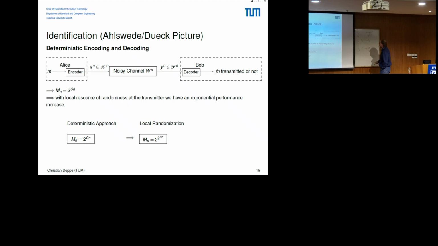The receiver who is interested in message i has the function Ti and receives the codeword transmitted in the first part. Then he looks at which color it is mapped to, and checks whether the color he received is the same. If it is the same, he decides that his message was transmitted. Of course, you have to be careful in choosing these functions, because we don't want the error of the second kind to be too large.